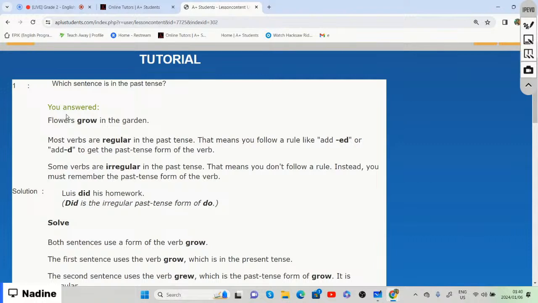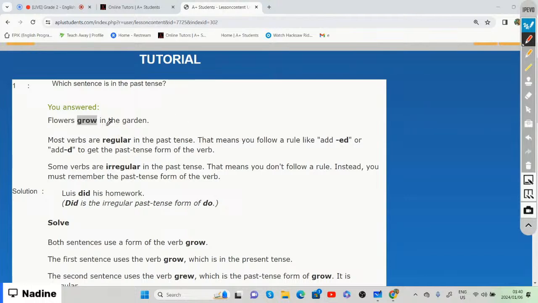And if we change that word to the past tense, so grow, and our sentence is flowers grew in the garden.